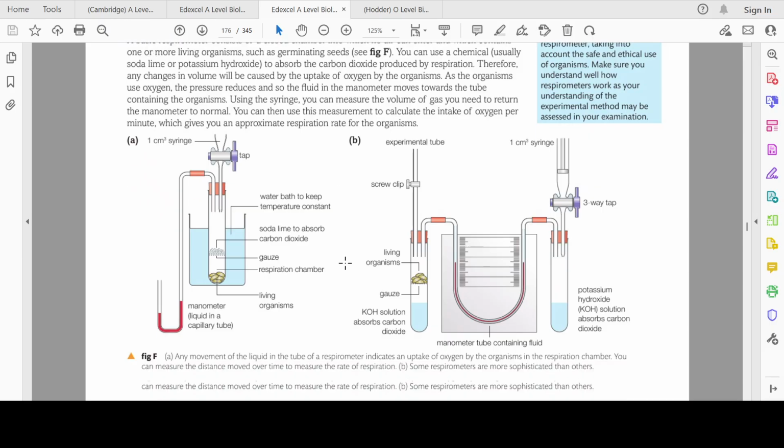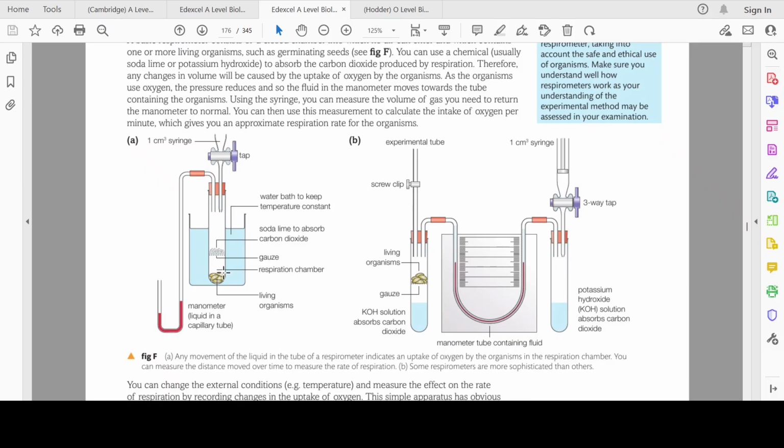So there are two different setups for this. This is a more basic setup, as you can see on the left. There is a tube with the seeds apparently over here, and so those are respiring.